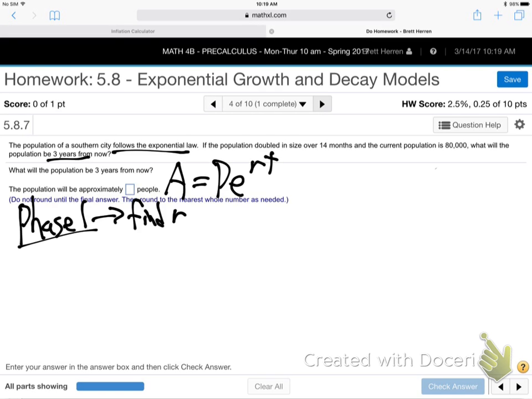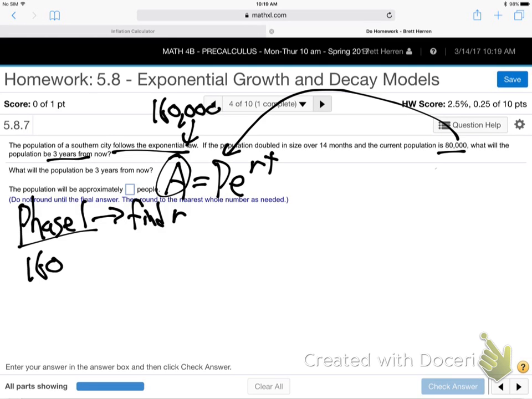What does that mean? What is A? Oh, yeah, actually, the current population is 80,000. Yeah, thank you. So the current population is 80,000. Double would be 160,000, huh? So 160,000 equals 80,000 e to the r, and that's in what, 14 months?